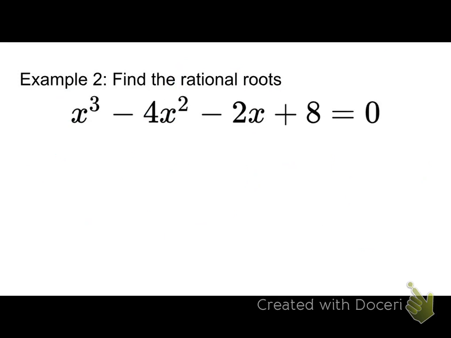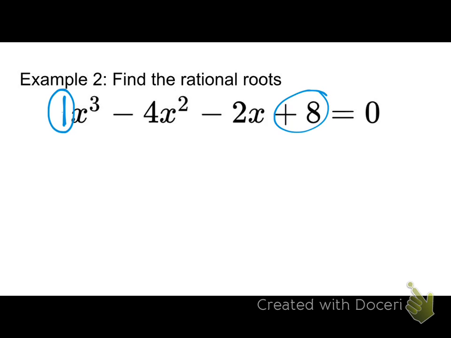And that's our answer. So remember to come up with our possibilities. Which two numbers from our equation do we need to focus on? 8 and 1. Okay, 8 because it is the constant. And then 1 in the front because it is the leading coefficient. Good.